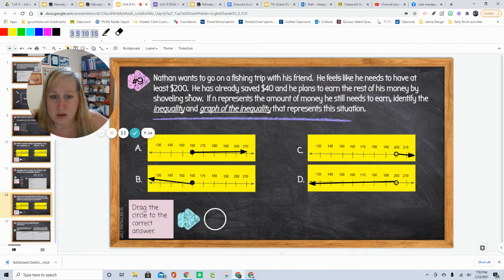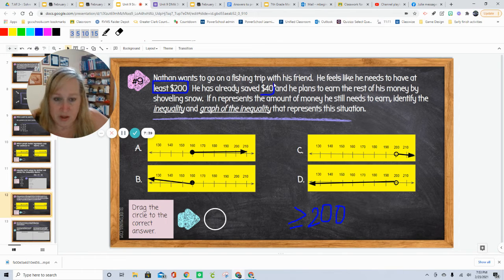So far, it says he needs $200 at least. At least $200. Is $200 enough? Yes. So 200. He wants more than that. Nathan needs more than that.